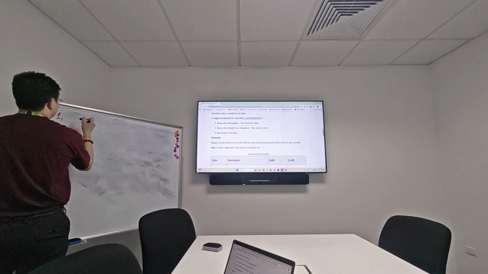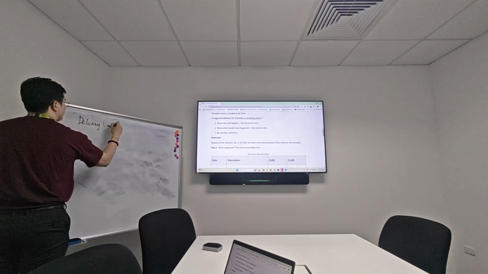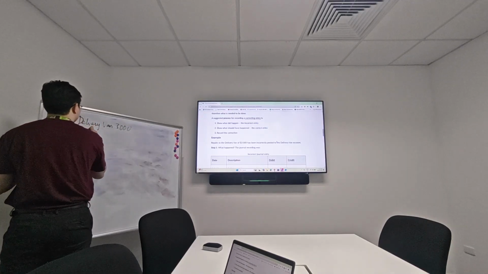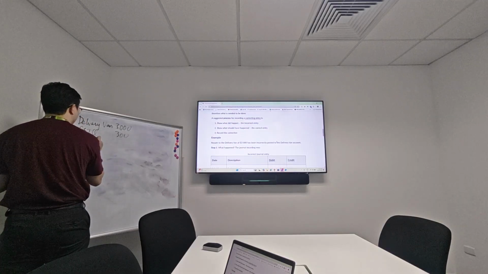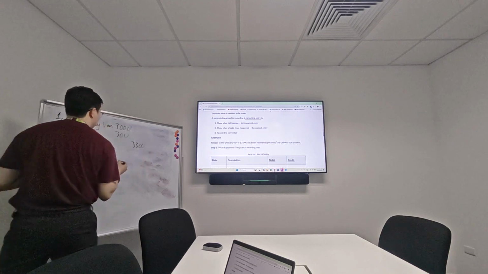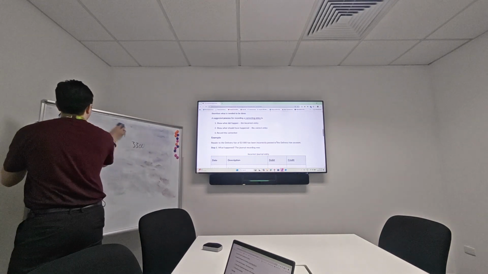Delivery van is receiving money, so delivery van would be $3,000. GST clearing on top of that is 300, and therefore cash at bank, because we're sending money out, is 3,300. Actually, I'll rewrite it so that it looks a little bit clearer.